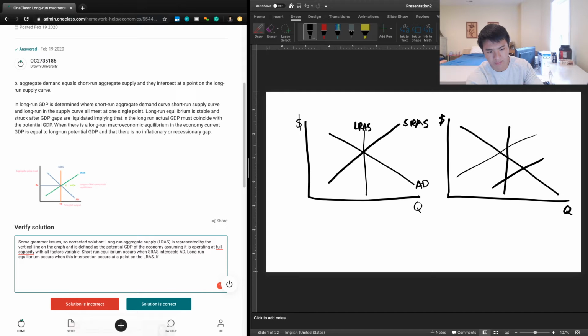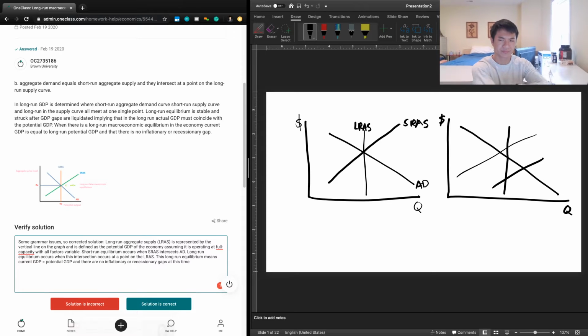This long run equilibrium means, so we're going to rephrase that last sentence, which is pretty good. Means current GDP is equal to potential GDP, and there are no inflationary or recessionary gaps at this time.